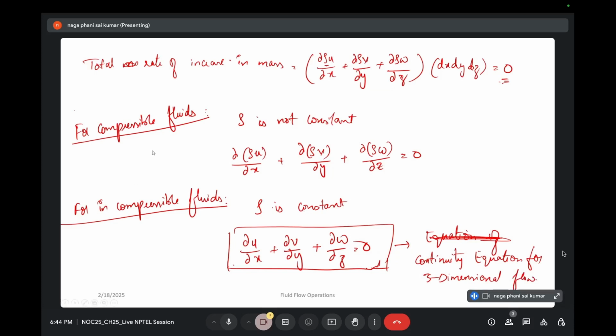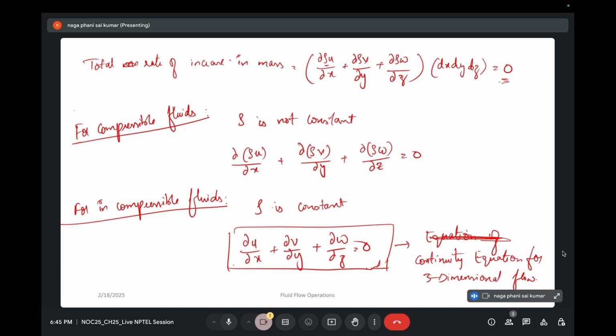So now let's apply this to two-dimensional flows. So we have the equation for three-dimensional flow, right?